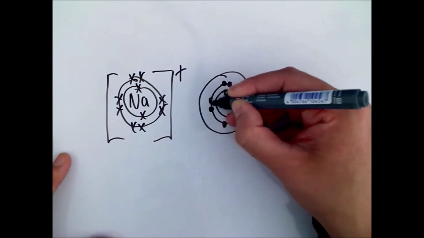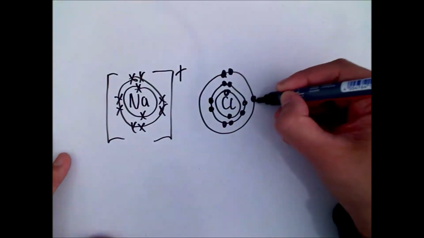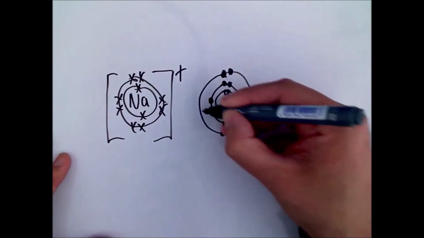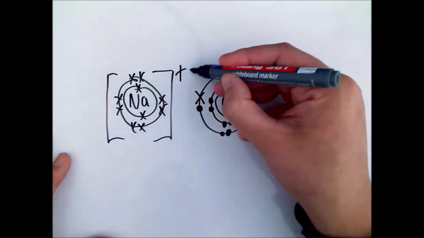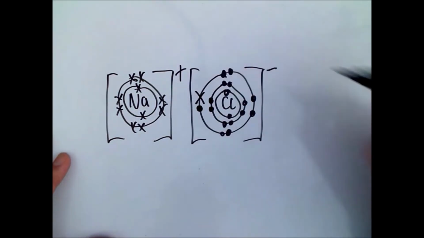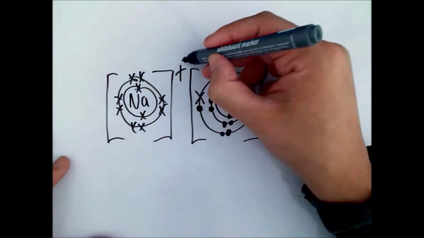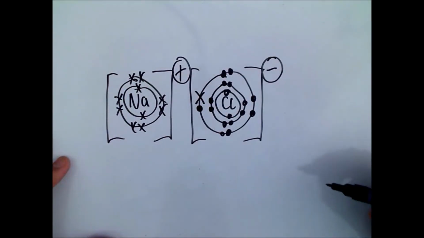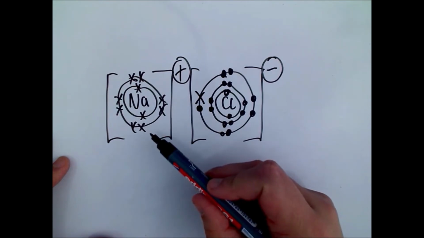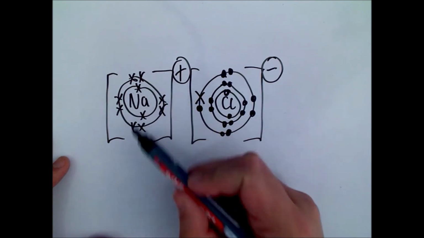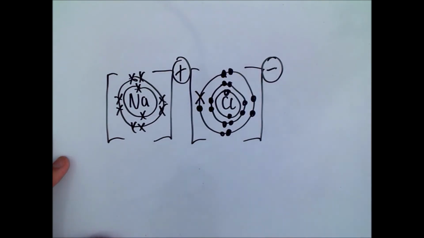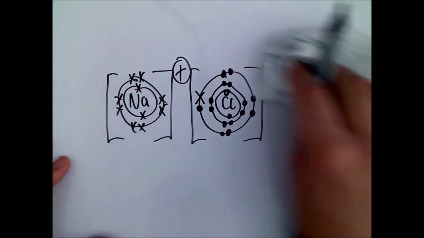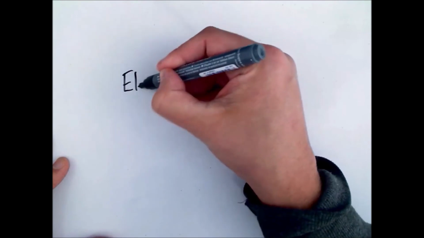Now it should be really clear why I've drawn one atom with circles and one with crosses: now we can clearly see where that electron's coming from when we draw them out bonded together. So that's sodium chloride, the opposite charges sticking them together, both now more stable because they're in their ion form with full outer shells. And we call that force of attraction between them an electrostatic attraction.